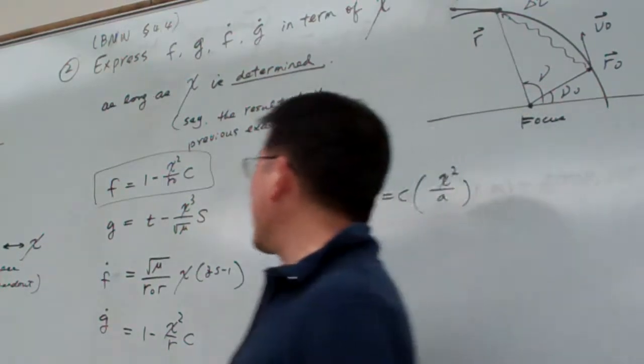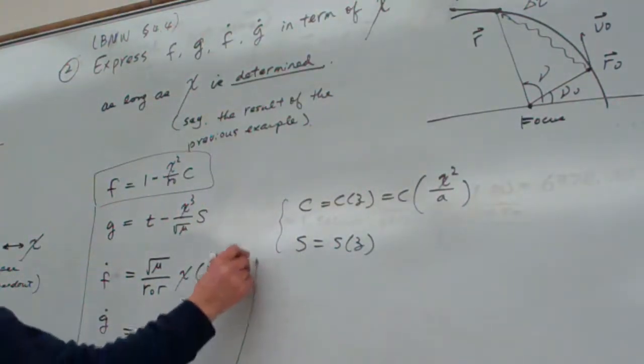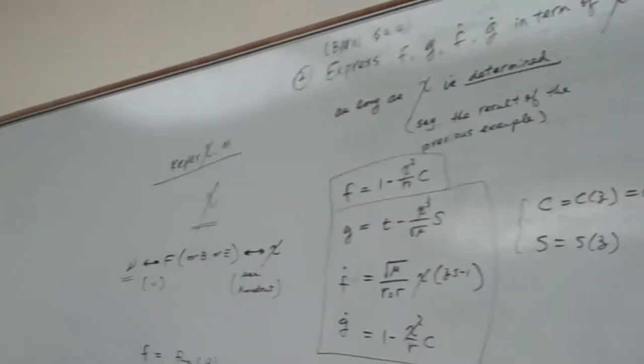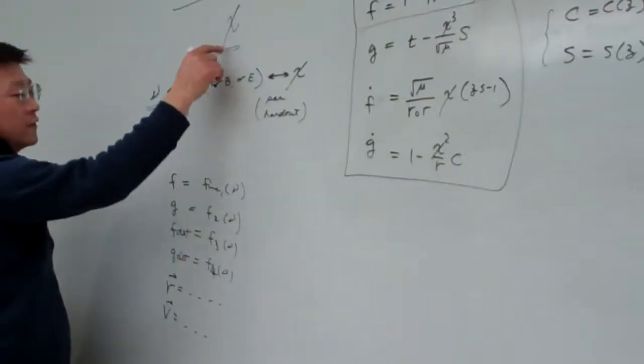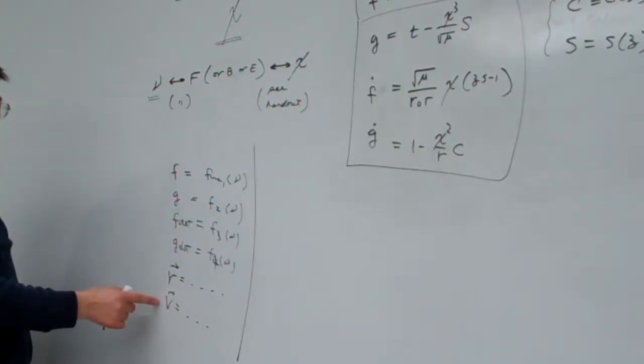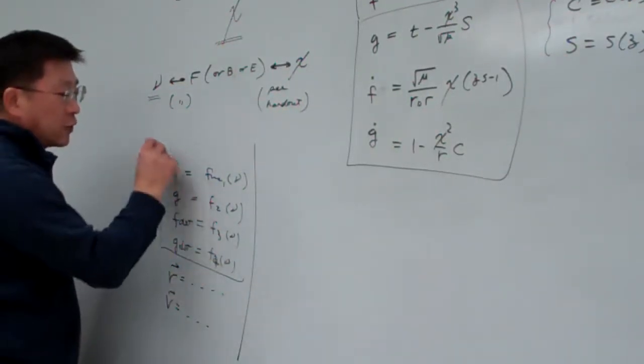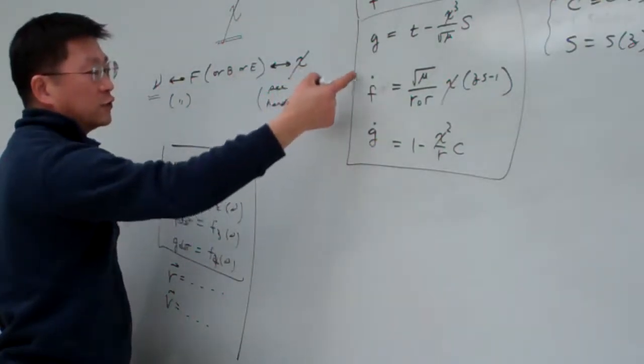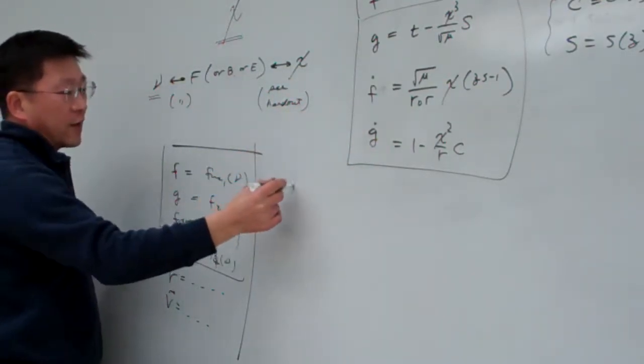Again, given those things, then in your programs, say if you already have the x, either you can calculate through anomaly to determine this one, or optionally, you can use f, g, f dot, g dot in terms of x.